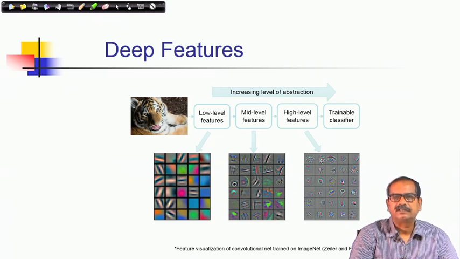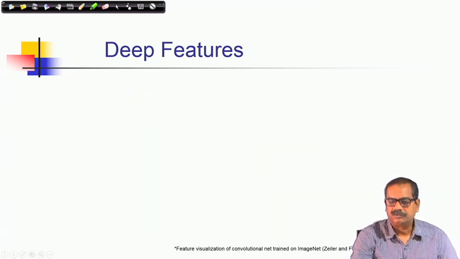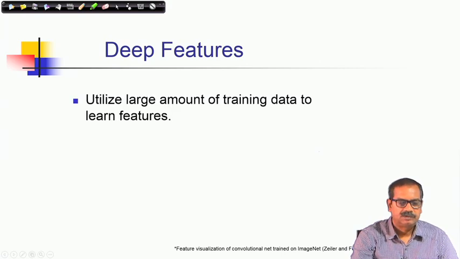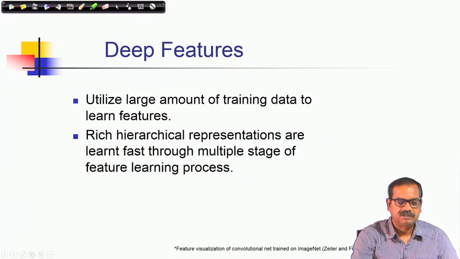In the previous case, the classification scheme is independent of the feature representation scheme, but now feature representation and classification go hand in hand, they go in one shot, and then you get the output. So, it utilizes a large amount of training data to learn features, and it has rich hierarchical representations, as I have mentioned, from low level, mid level to high level feature representation.